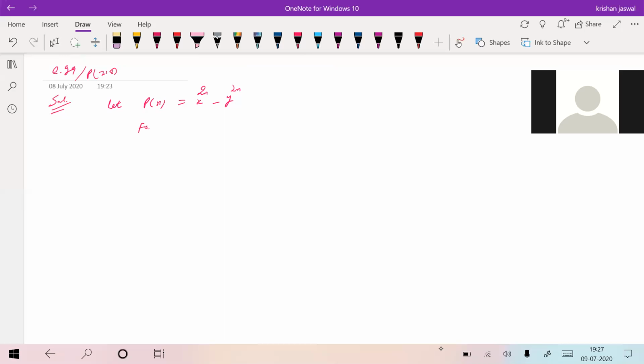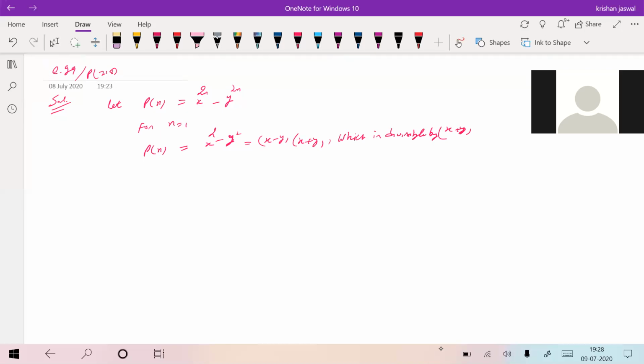For n is equal to 1, Pn is equal to x power 2 minus y power 2. a square minus b square is equal to a plus b times a minus b, which is divisible by x plus y.